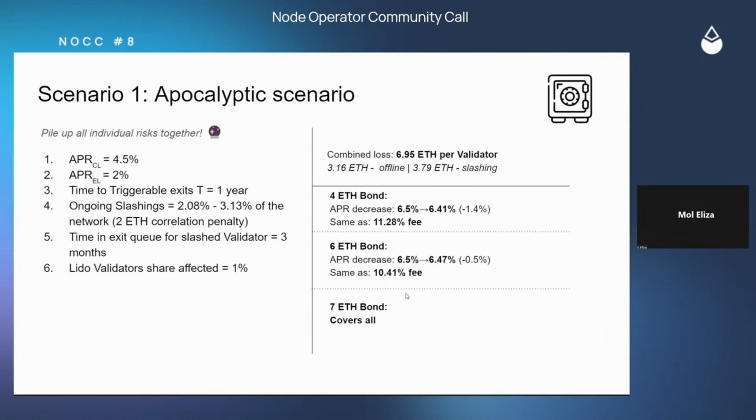With different levels of bond, we could get situations when the bond covers all of this damage, for example 7 ETH, or situations when bonds don't cover all the damage, and in that case we face an APR decrease with the missed rewards not compensated by the bonds, which could be treated the same as increasing the fee, just to put it in context.